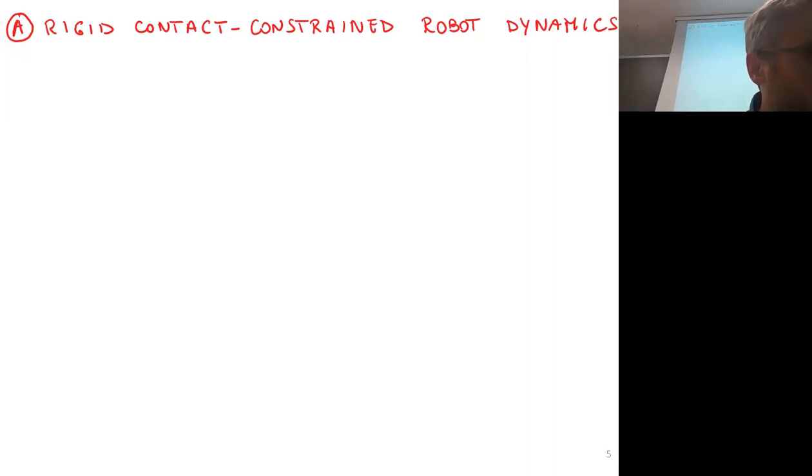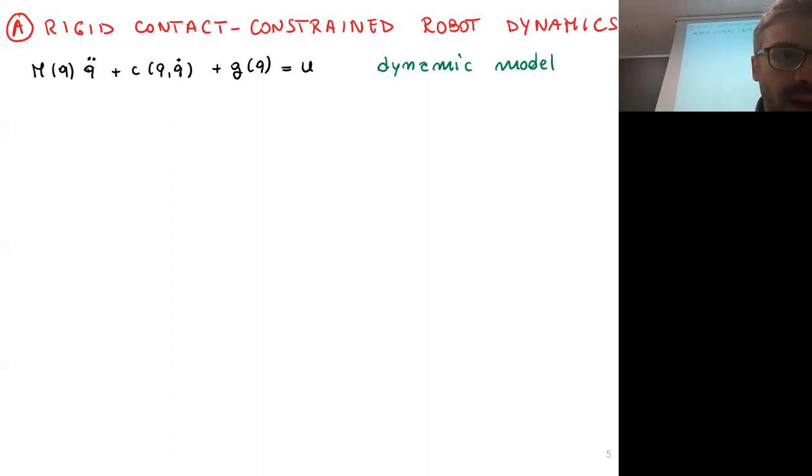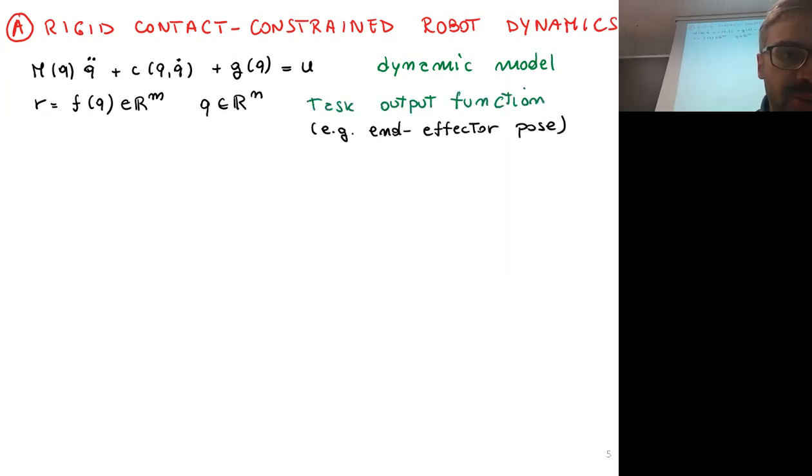To compute the constrained robot dynamics, we start with our unconstrained dynamic model, and we define a task output function r that represents our task variables that are in contact or that are meant to be constrained.